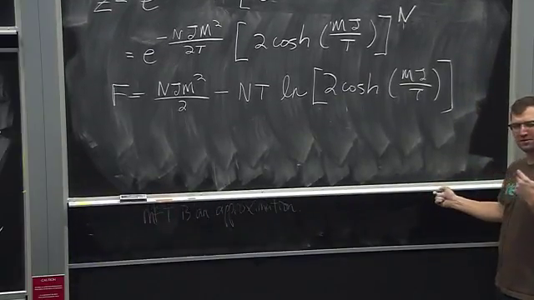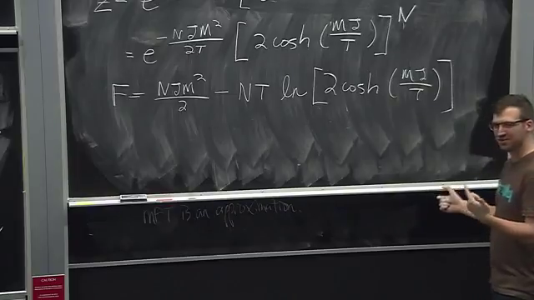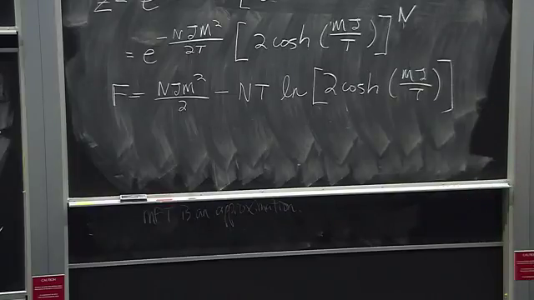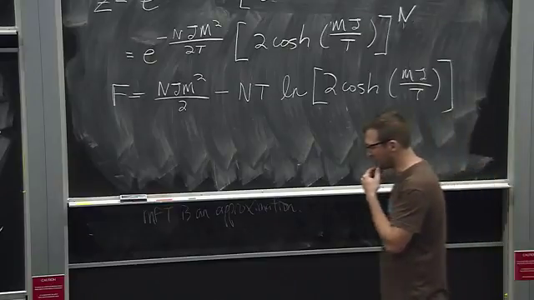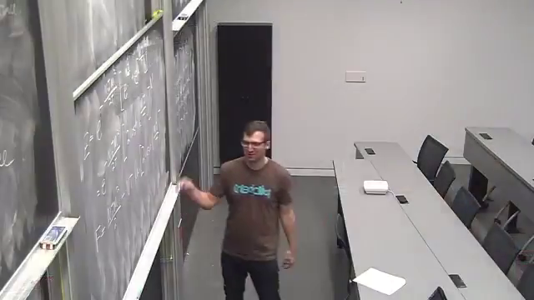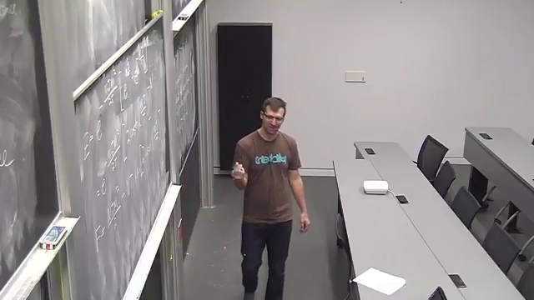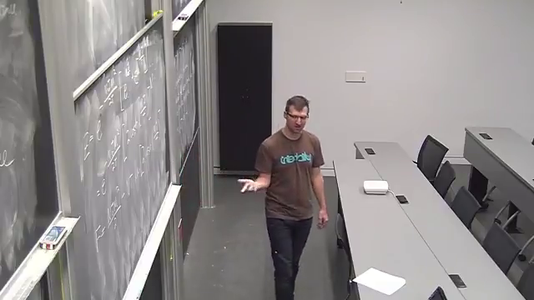So we have the free energy is a function of the magnetization. By the principle of least action or whatever it's called, if you minimize the free energy, that tells you what the value of the magnetization is.